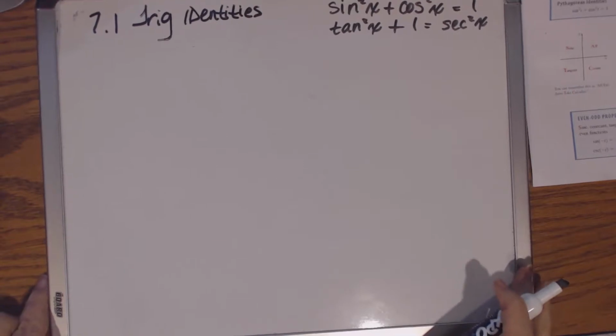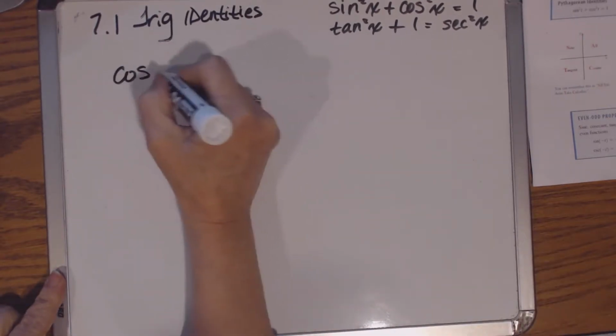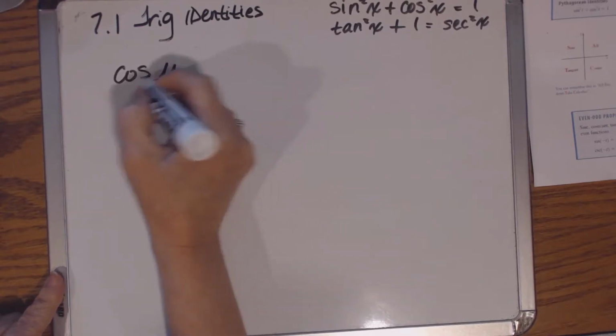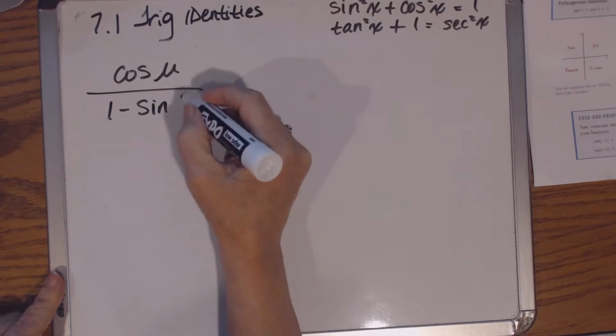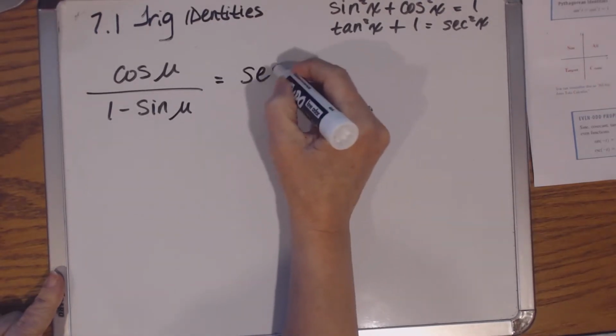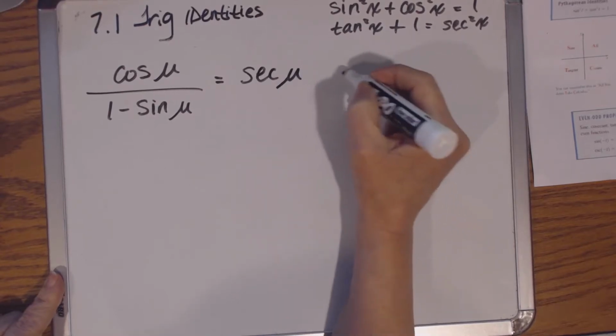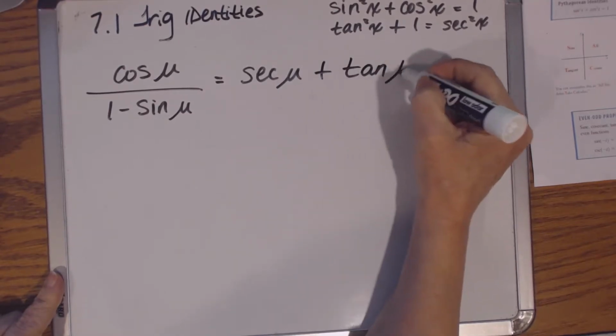Okay, this one says to verify the identity, cosine u over 1 minus sine of u is equal to the secant of u plus the tan of u.